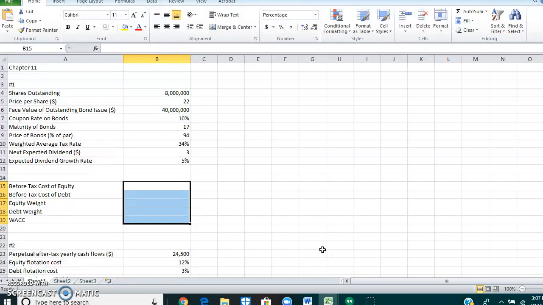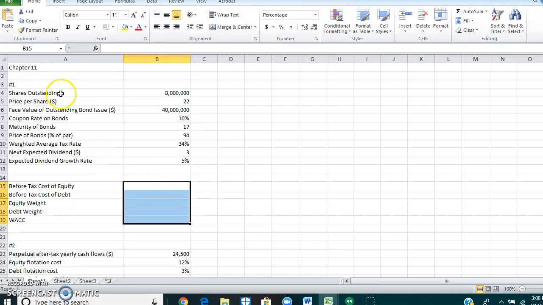Again, as always, I don't have access to the Excel simulation tasks themselves, so I have to recreate them. So the cell references you use are going to be different than the cell references I use, because I put them in different cells.